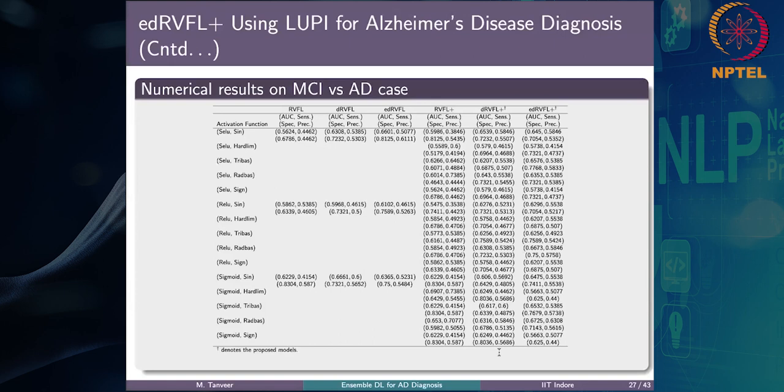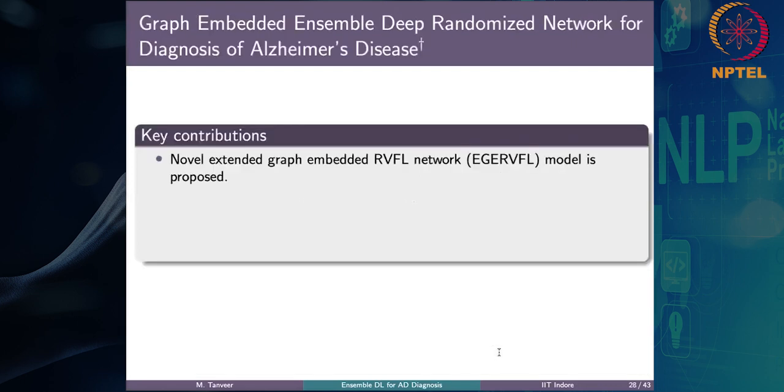So if we are getting the better accuracy, that's really great. So we can see that the performance of our model is promising, and it can give our future way to detect Alzheimer disease, or we can classify at the early stage.